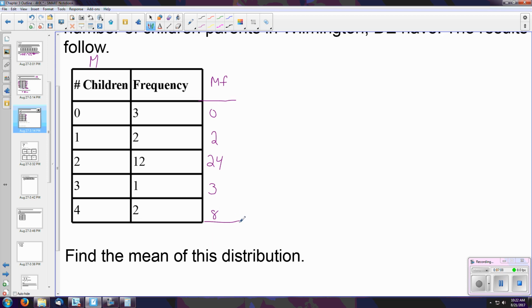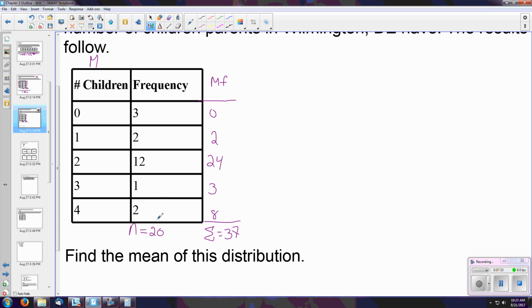Take the sum. The sum of this column is equal to, let's see, so we have here 26, 29, 37. So the sum is 37. And then to find n, we have to add up our frequencies. So n here is equal to, added up, we get 20. So essentially, what's this telling us?